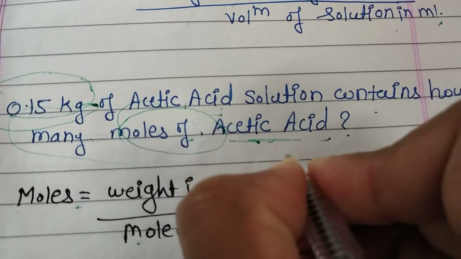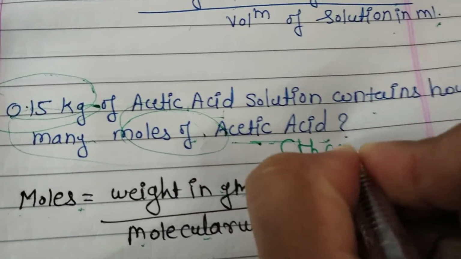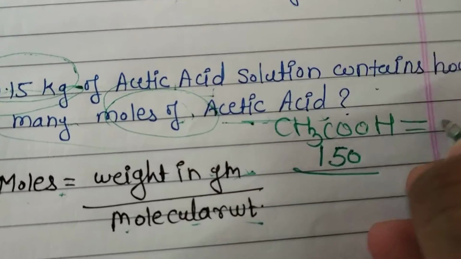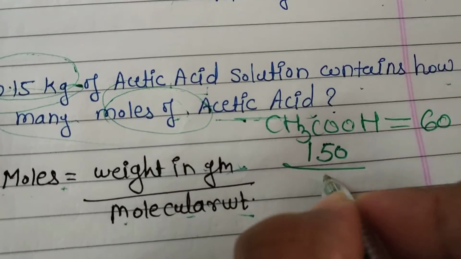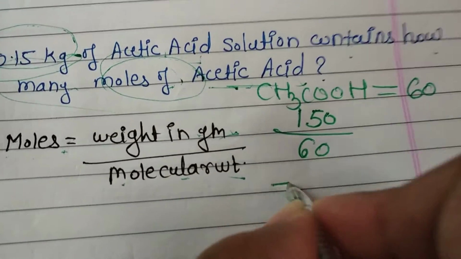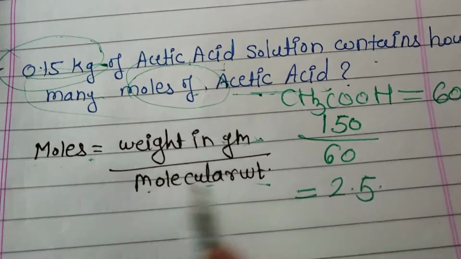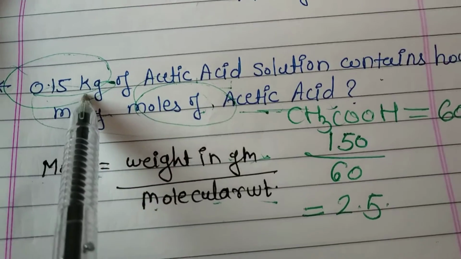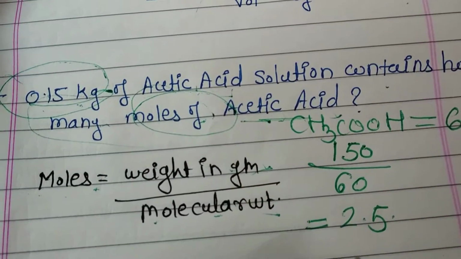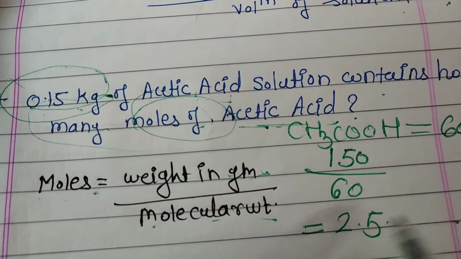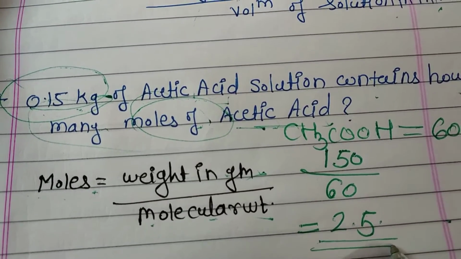Acetic acid is CH3COOH, so the molecular weight of acetic acid is equal to 60. So 150 divided by 60 is equal to 2.5. So 0.15 kg of acetic acid solution contains 2.5 moles of acetic acid. So this is one simple type of explanation.